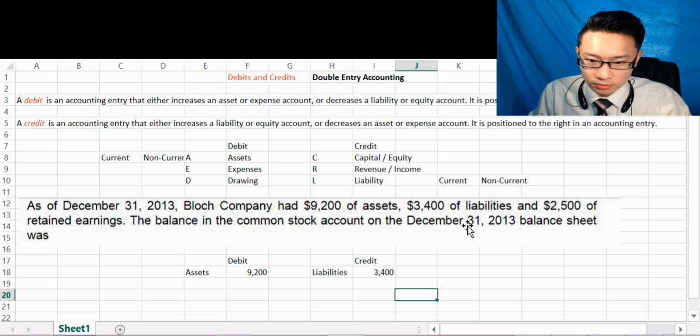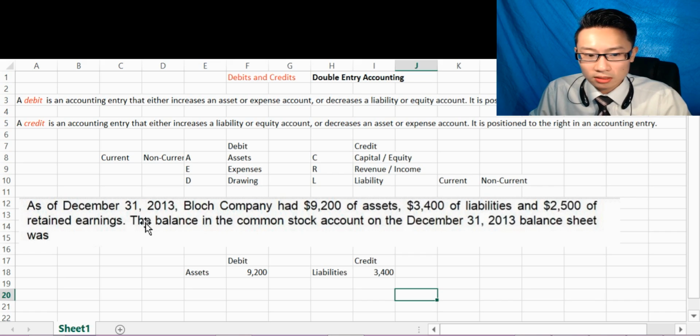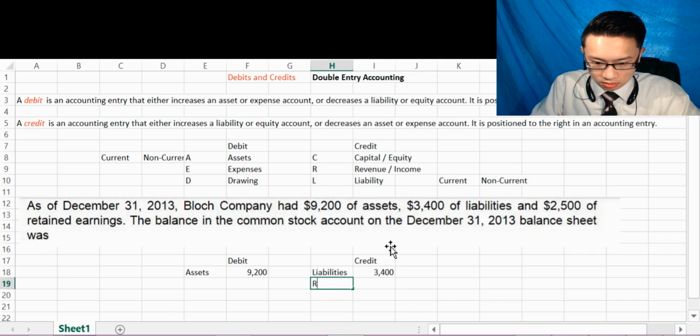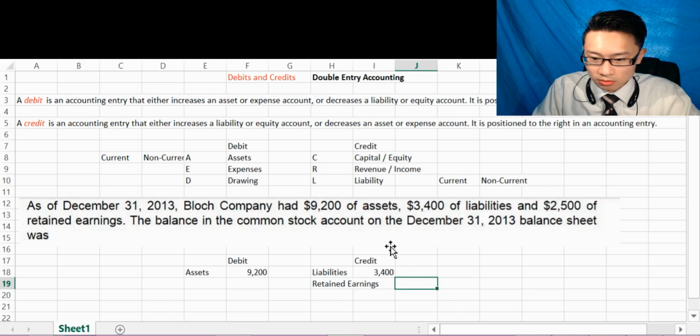These are earnings that are retained, and retained earnings go into equity. When they go to equity, we can see equity here, it goes to credit. So we'll just go retained earnings. Good. So I'm just going to put the number here, so it's 2,500.